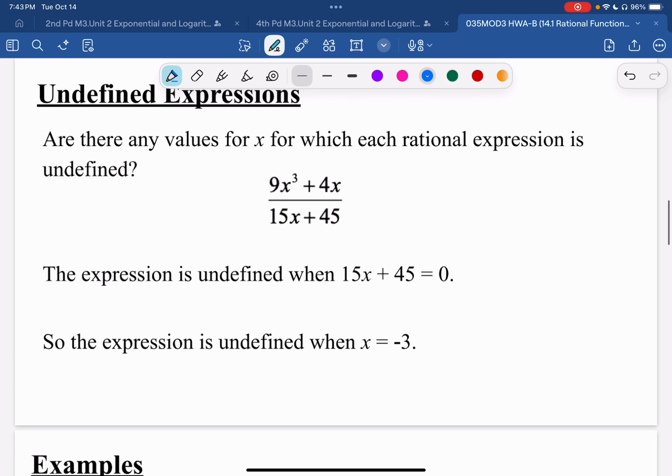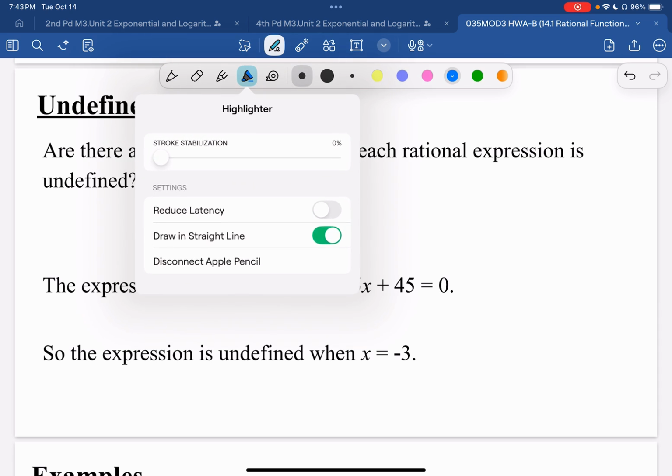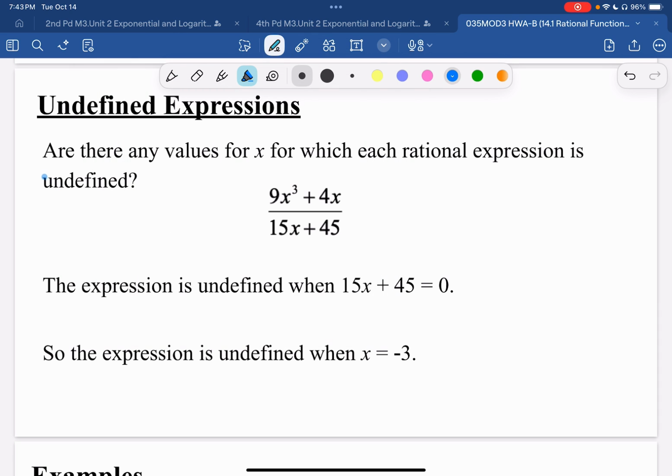Okay, if we look at this one, are there any values for x for which the rational expression is undefined? When you see undefined, or when we're looking at the domain of a rational expression, we're focusing on that denominator. I want to know, when would that be equal to 0?